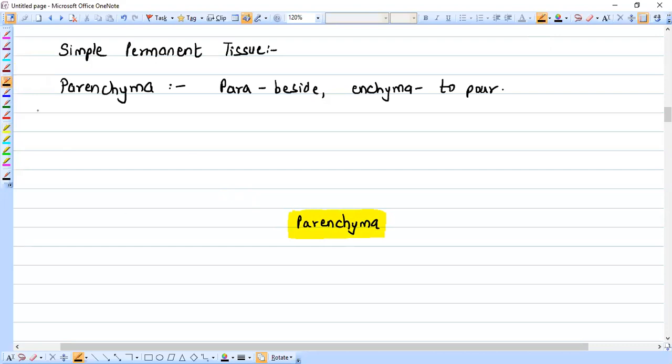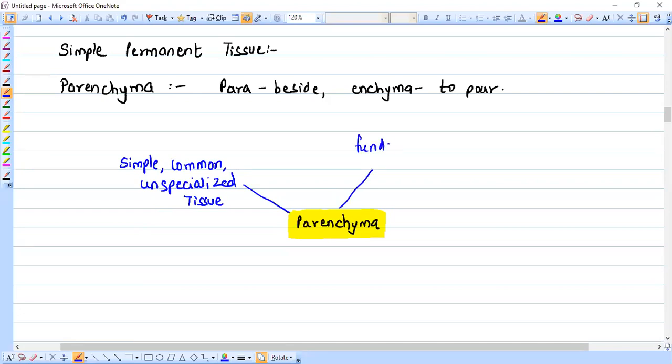Very first, I can say it is a simple, common, unspecialized tissue. When I use this word unspecialized, it means there is no specific function allotted to it.